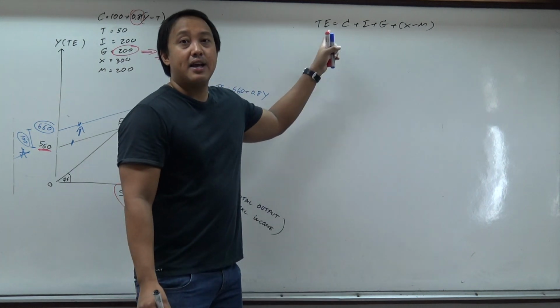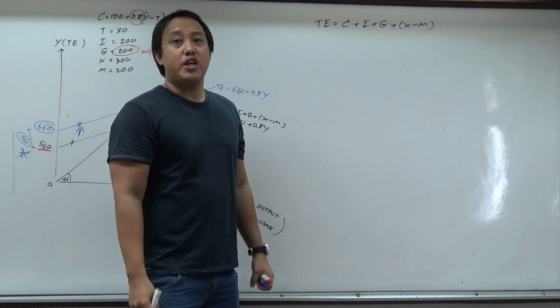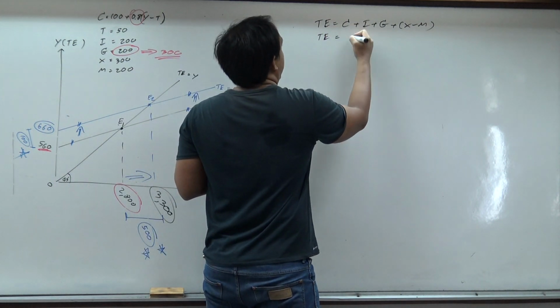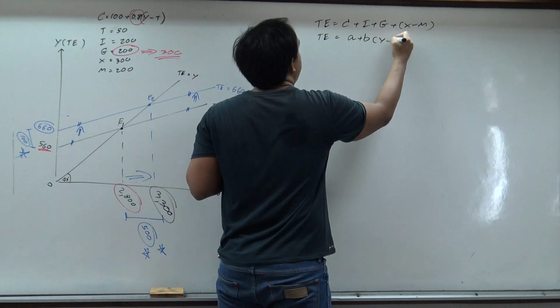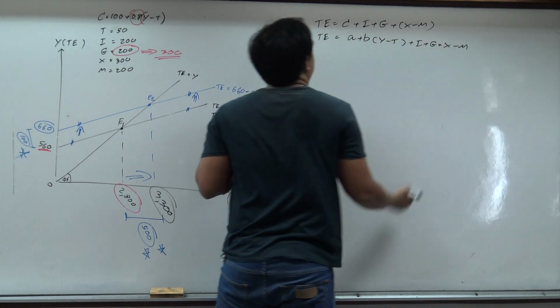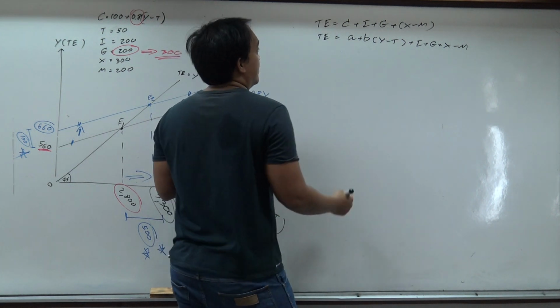Okay, TE equals C plus I plus G plus X minus M. C is A plus B(Y minus T), like this.